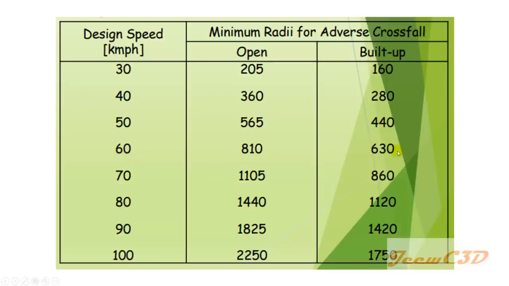So when your curve radius increases beyond 630, you will have a normal crown for the road. That means you will not have a super elevated road. Your road will be like a normal crown road.